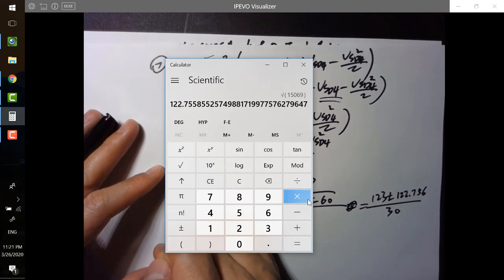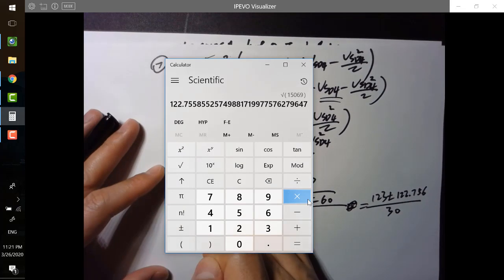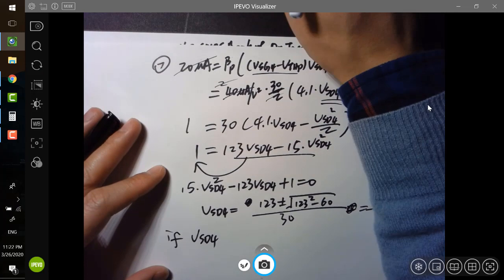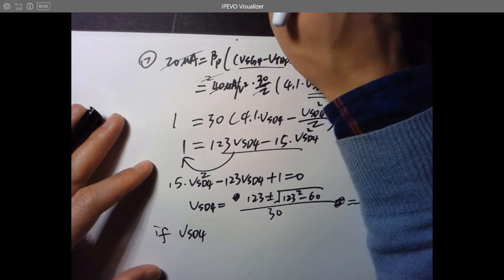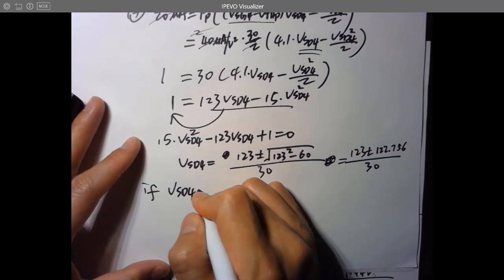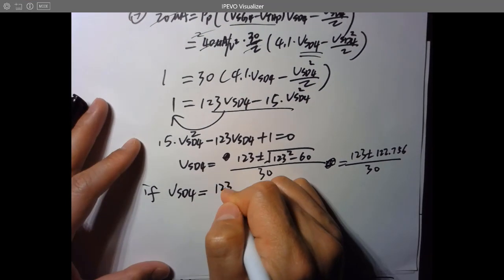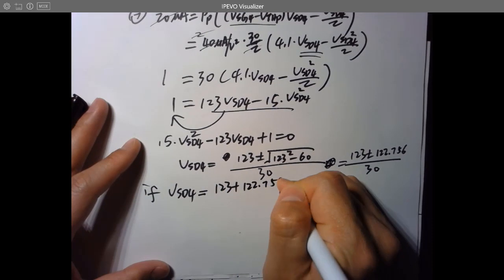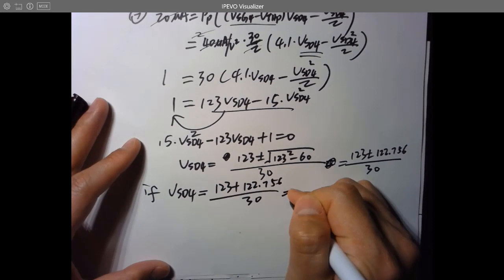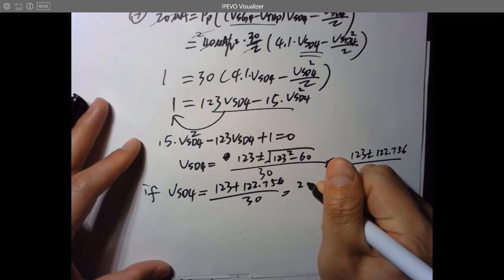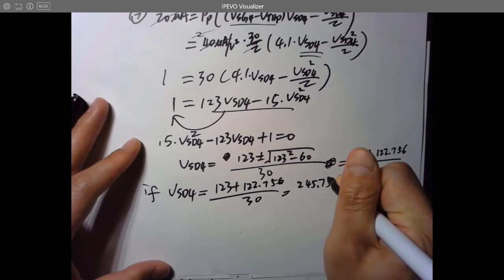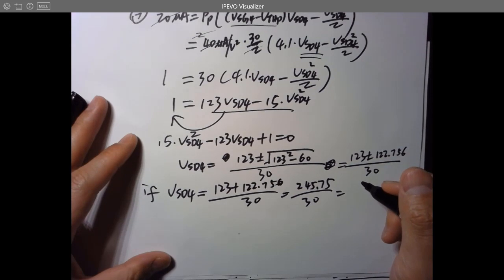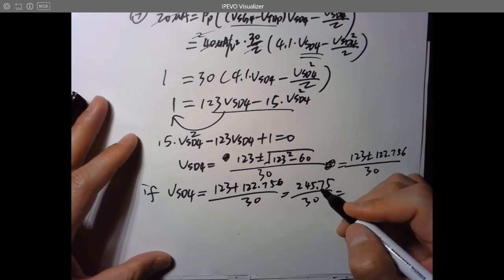If VSD4 equals 123 plus 122.756 over 30, it will be 245.75 over 30, which is a pretty large number, right?